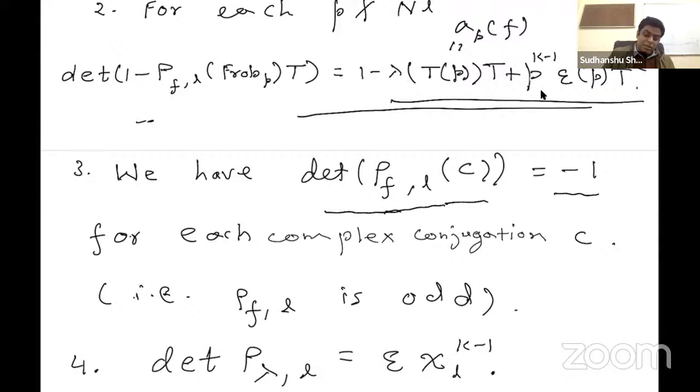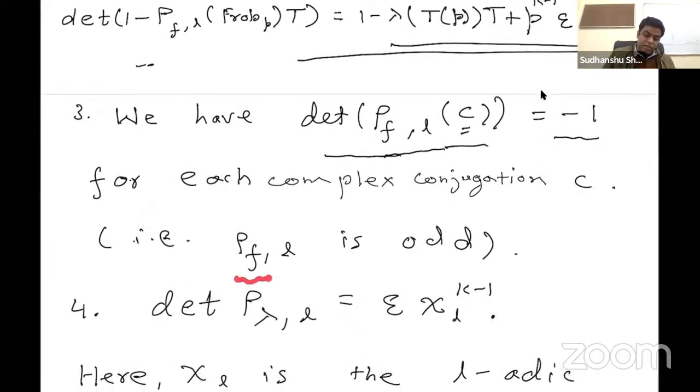C is an order 2 element, so its value will be either +1 or -1. If rho_{F,L} is a Galois representation associated to a Hecke eigenform, actually a cusp form, then its value is -1. There was a term some time back that these representations are odd representations. This is what it means for a representation to be odd. This is the definition.